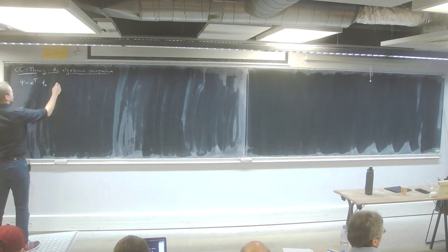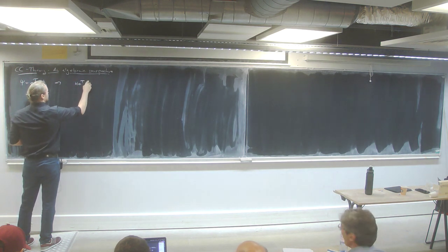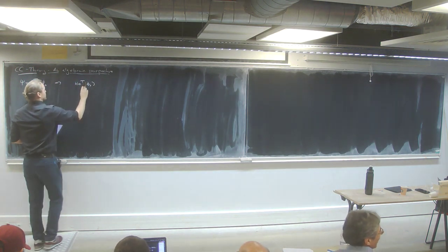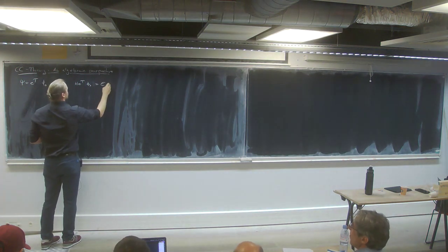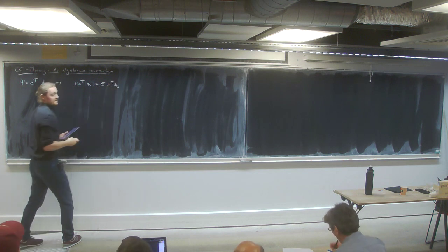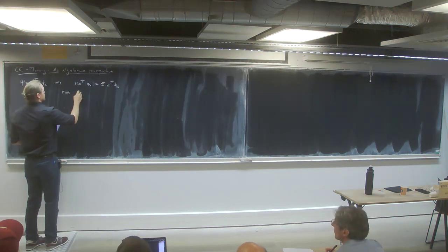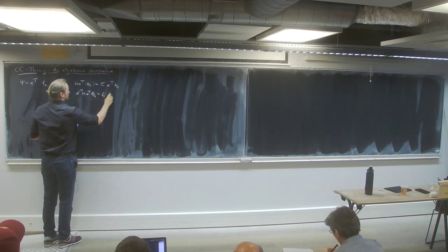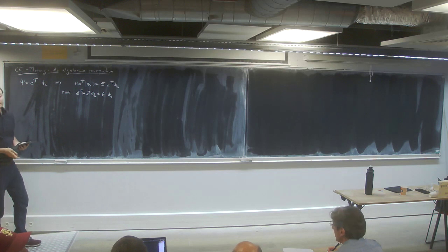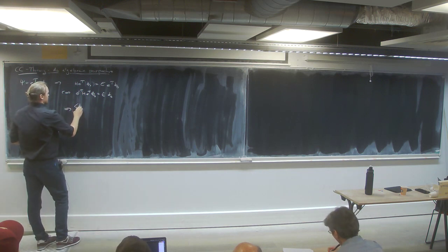With this ansatz, when you plug this into the electronic Schrödinger equation, you find H e to the T phi 0 is equal to E e to the T phi 0. Since the exponential of a matrix is always invertible, we can move this over, and now if we project onto the reference phi 0, we recover the energy.